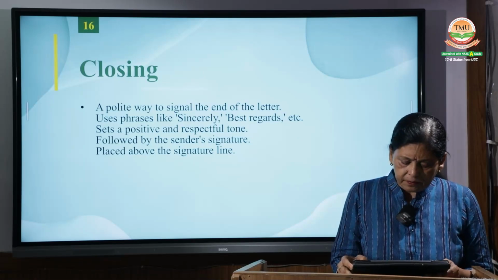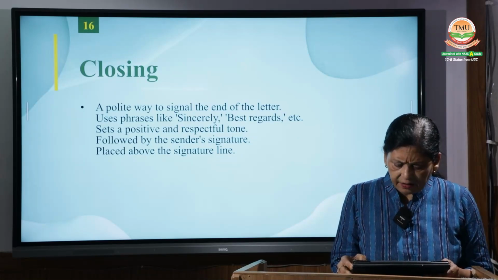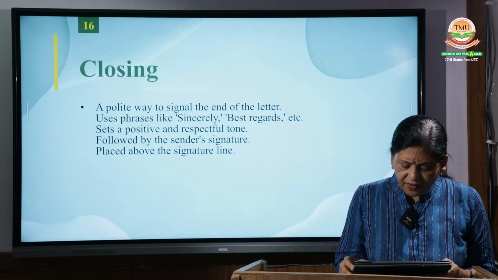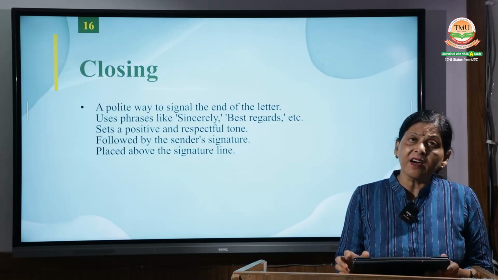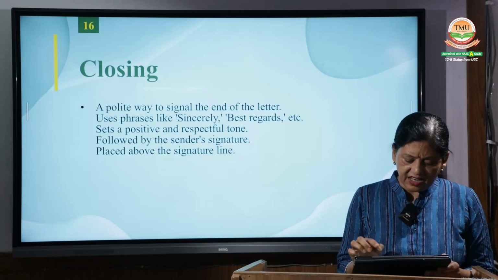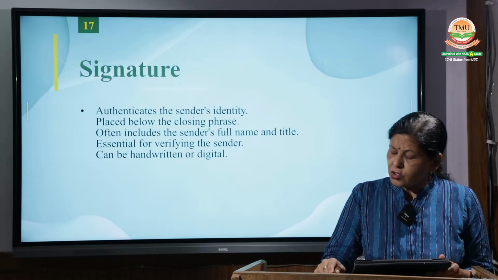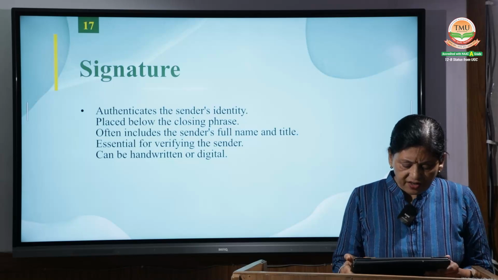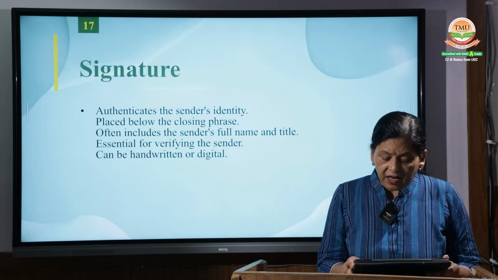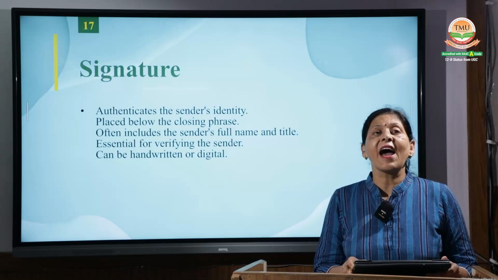Then it sets a positive and respectful tone. Then it is followed by the sender's signature, the sender's name and the designation. So here it is: the signature. The signature authenticates the sender's identity.